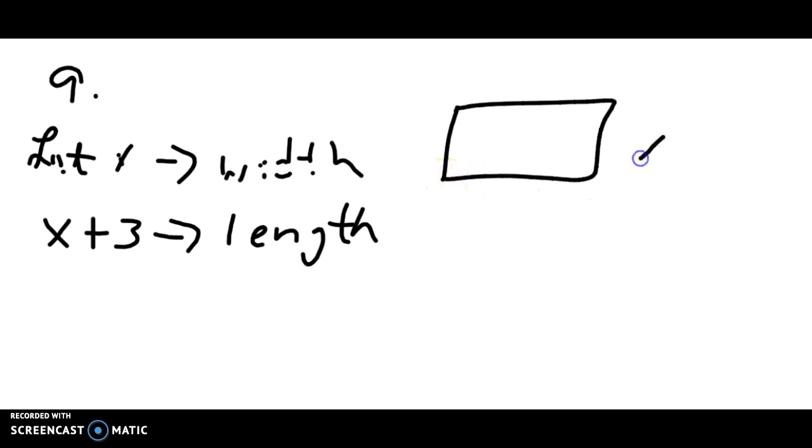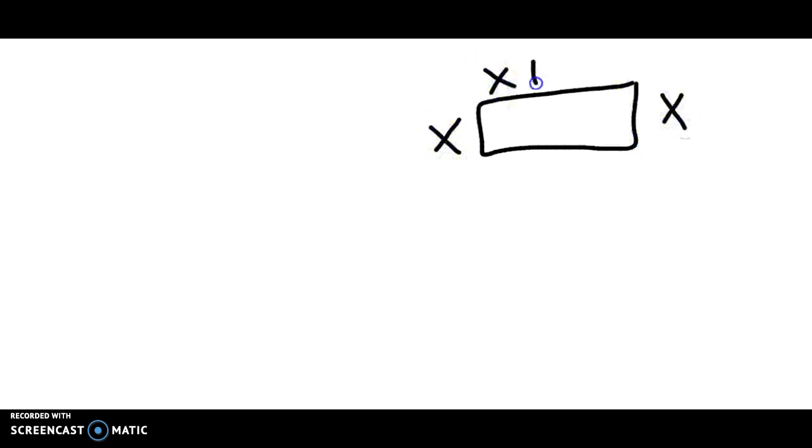So x, I know it's not a very good rectangle there, and then x plus 3, and that's x plus 3. Let me get a new screen. X plus 3, and x plus 3.